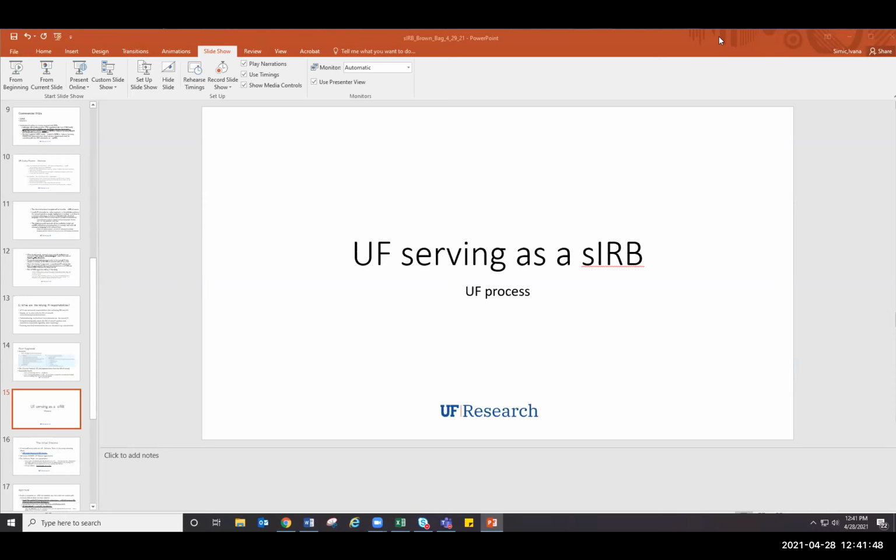Well, my question pertained to how UF, for industry studies, uses sIRB as a central IRB, because most of those are multi-site studies, versus where we're seeding to another IRB that may be another institution's IRB. So I didn't know if there was a push to take it out of the institutions into a third-party IRB.